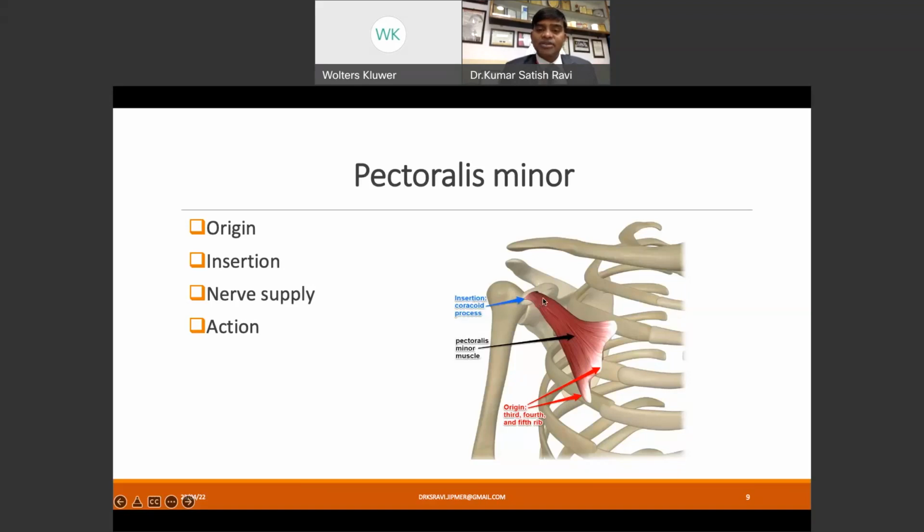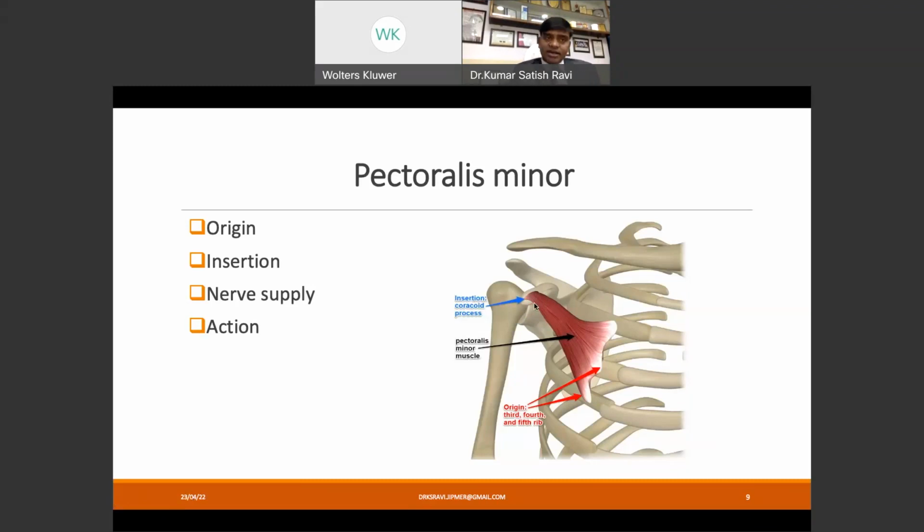This is the upper or superior surface, and inferiorly you have the inferior surface. So what I said is that the pectoralis minor muscle arises from the third, fourth, and fifth ribs and the intervening fascia, and it inserts on the upper surface and the medial border of the coracoid process.